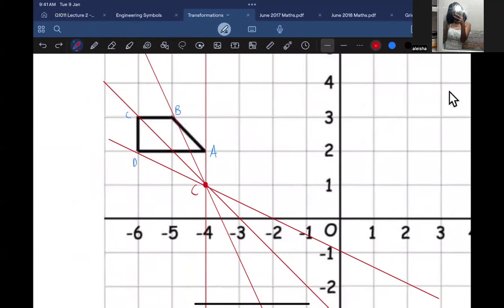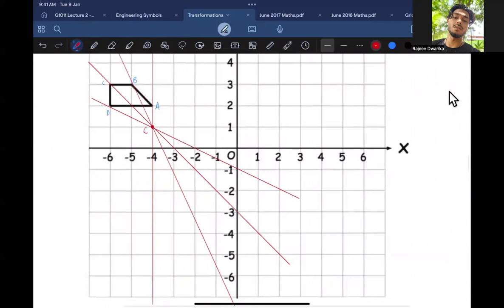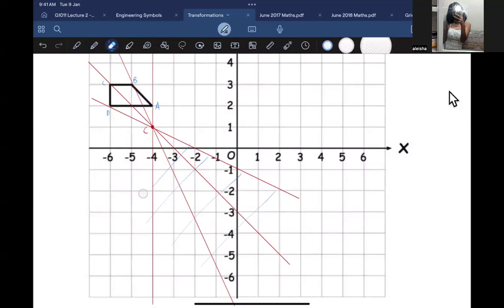One, right. And our scale factor is how much? Negative 3. Right, but we don't care about the negative because the negative just means we are going to draw our shape on the other side. What we really care about is the number, so 3.